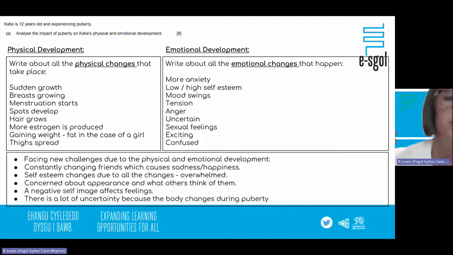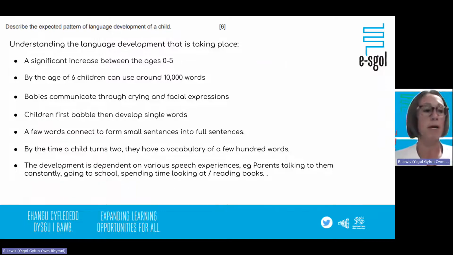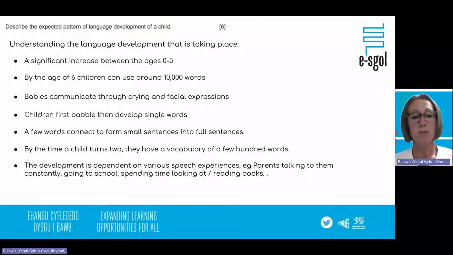Describe the expected pattern of language development of a child. So here now I've moved from my P of pies, okay, to more of an intellectual area of development. This was a question from the exam last summer 23, okay, and what we need here is a bank of understanding or examples of how we would expect a child's language to develop throughout the years.